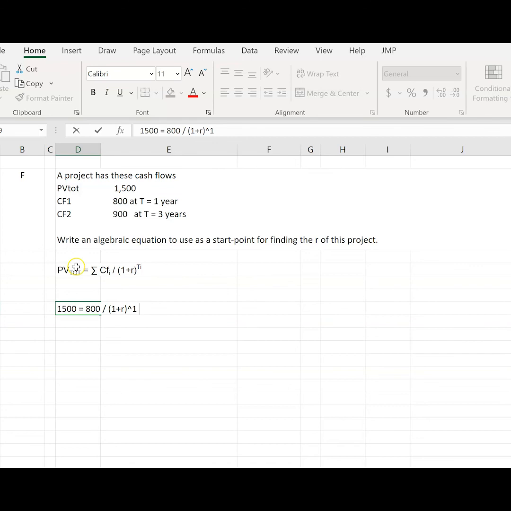And then because present value total is a summation of all the cash flows, we're going to add that second cash flow to this side of the equation. So we're going to add 900 divided by 1 plus R to the time period that this cash flow happens, which is 3 years in the future. All right, and to solve for R, you would have to solve this algebraic equation.